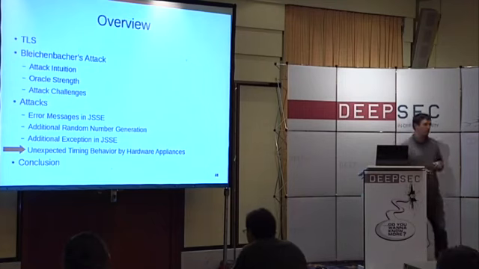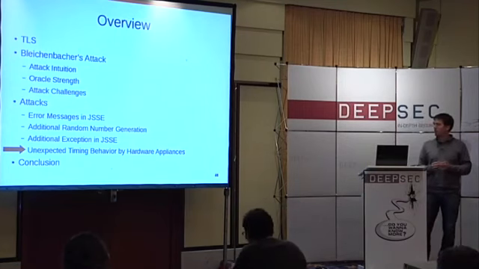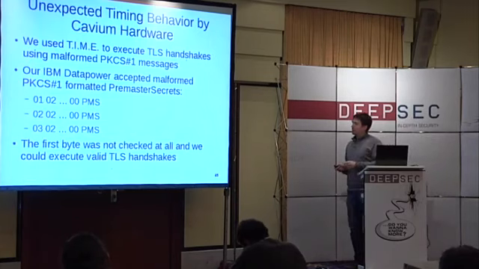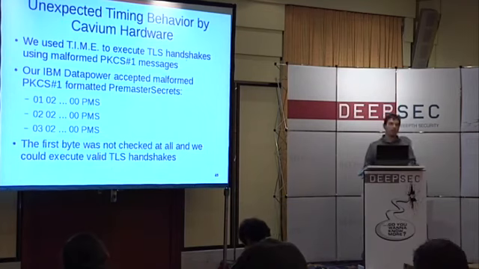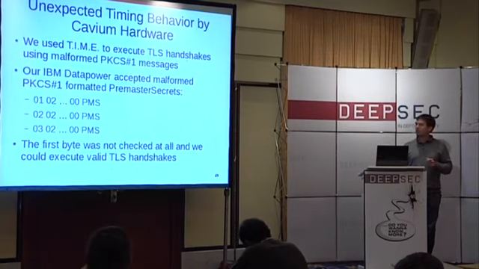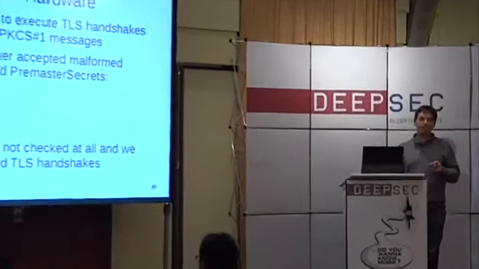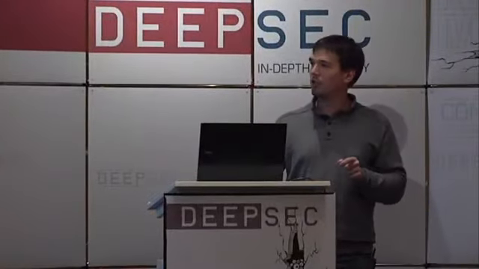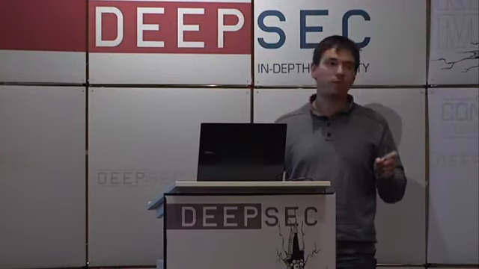which is based on a specific hardware appliance behavior. We had a possibility to execute the attacks on our IBM DataPower, which we have in our lab. And we found out with our timing framework that the DataPower does accept different ciphertexts, which do not start only with 0002, but also with 01, 02, 02, 02, 03.